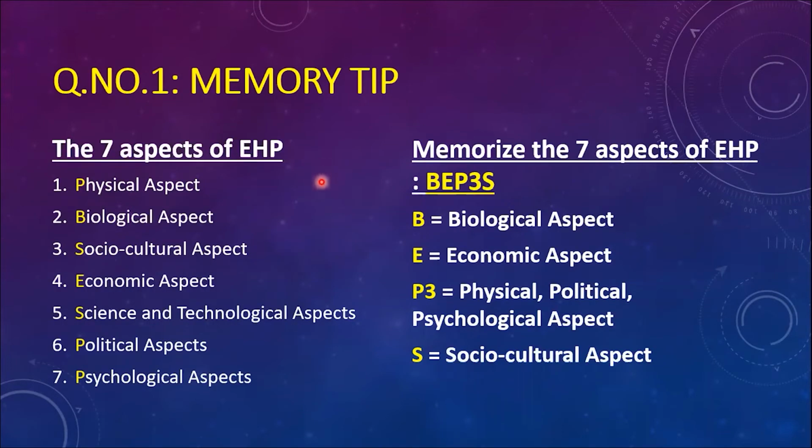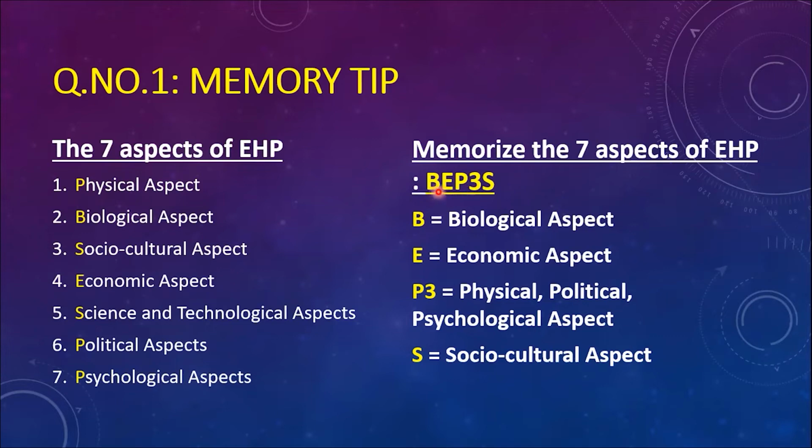When we are talking about this question, it is better to remember the 7 aspects of EPS: physical aspect, biological aspect, socio-cultural aspect, economic aspect, science and technological aspect, political aspect and psychological aspect. So you can memorize these 7 aspects with this formula BEP3S. It means in shortcut you can say BEPS, beeps, and in P you remember 3.